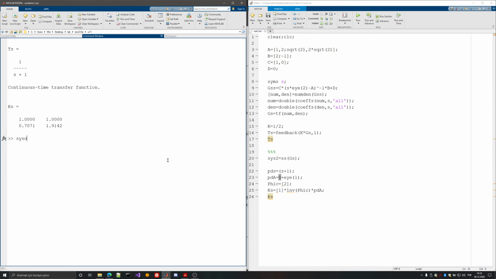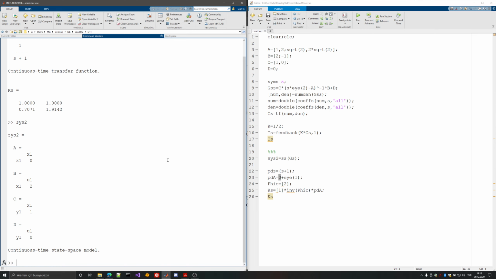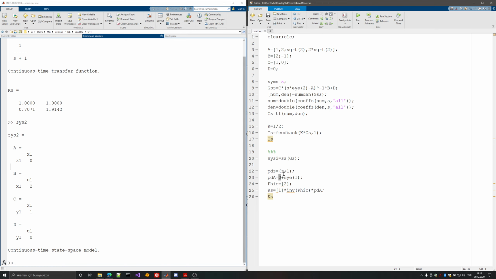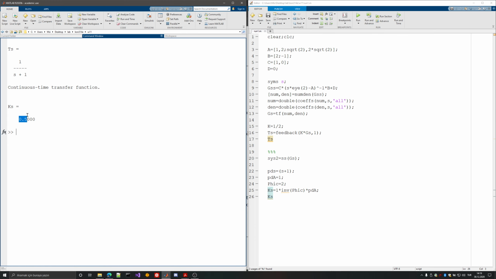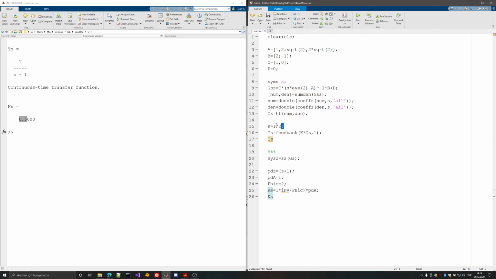You can see it from sys2. A is 0, and if I plug in A, it will give me only 1, which is basically identity 1. So this is 2, and I will hopefully get the state feedback controller, and this state feedback utilizes 0.5 as the feedback, which was the case of the P-type controller.